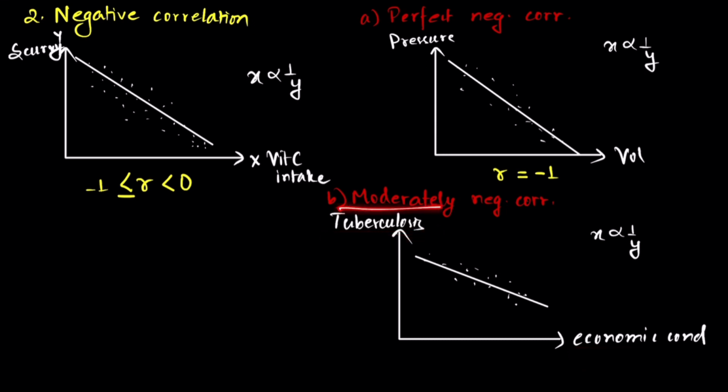It is moderately negative, because when economic condition improves by 1, the tuberculosis cases decrease by 0.2. Since they are not in proportion, it is a moderately negative correlation. There is no perfect correlation between economic condition and tuberculosis. But we know this much, that when economic condition improves, tuberculosis cases, or the probability of getting tuberculosis, decrease as well.